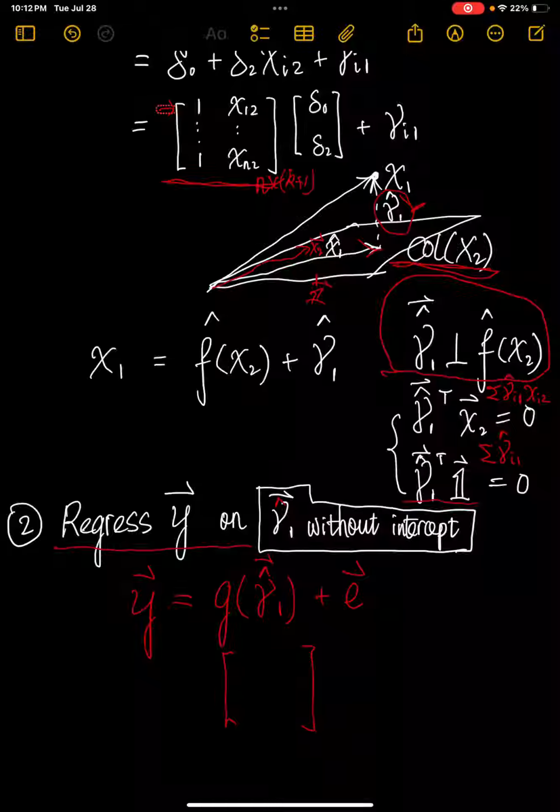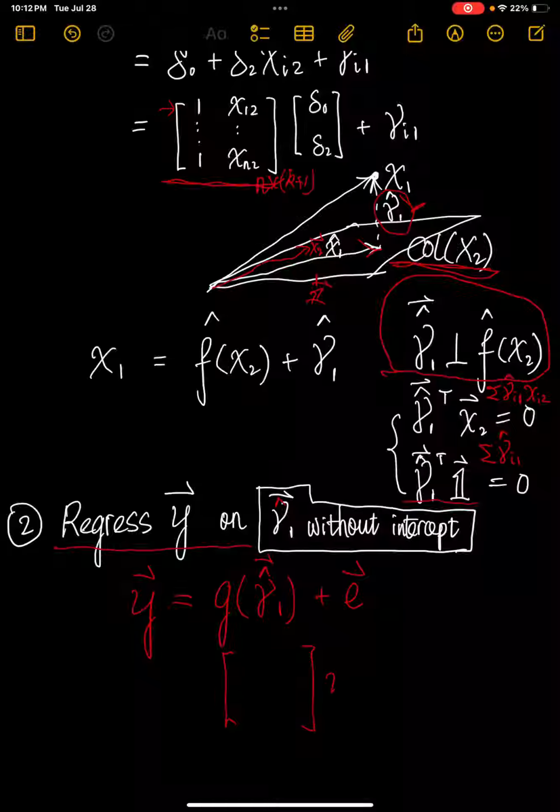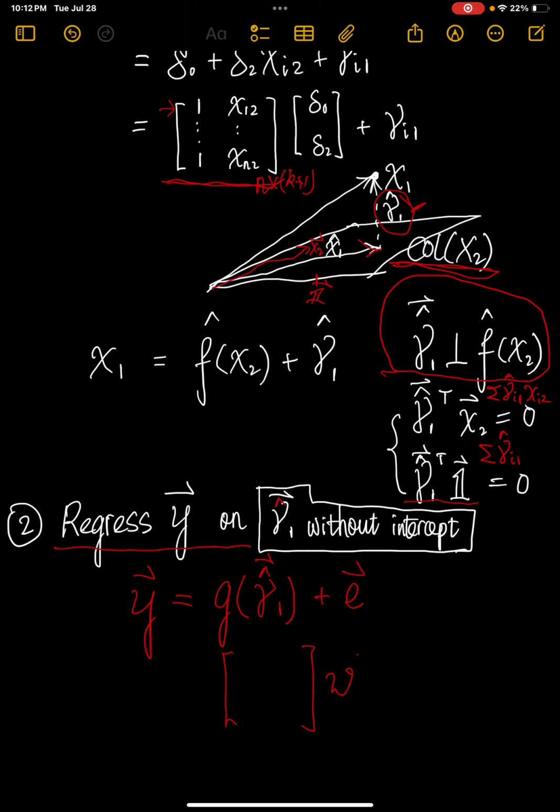But you cannot have this constant vector anymore, because the gamma 1 residual vector is perpendicular to the constant vector, which means the constant vector cannot exist in the column space of this design matrix.